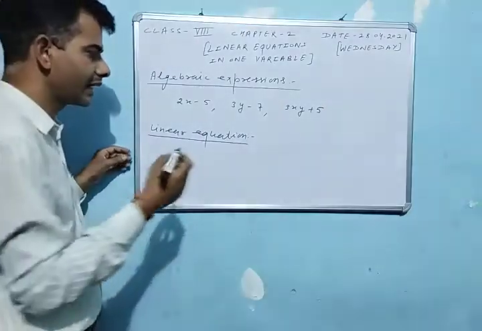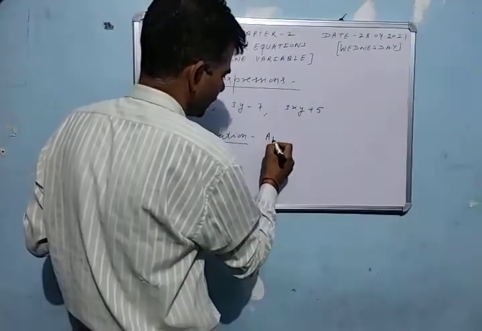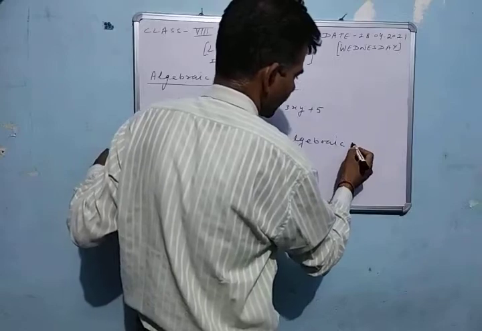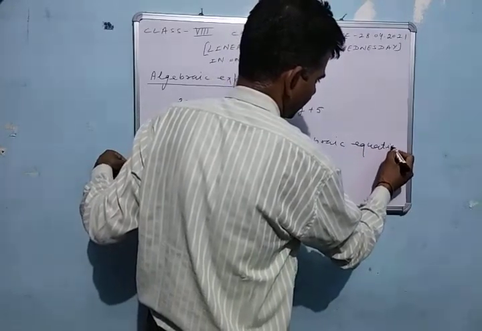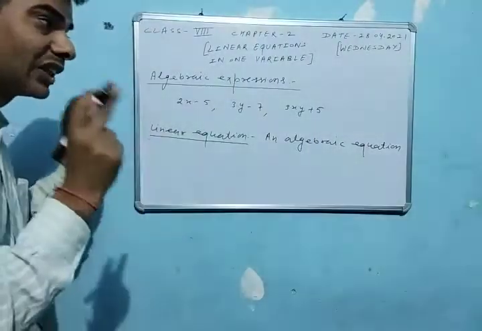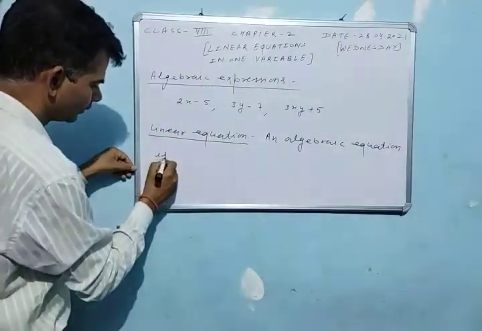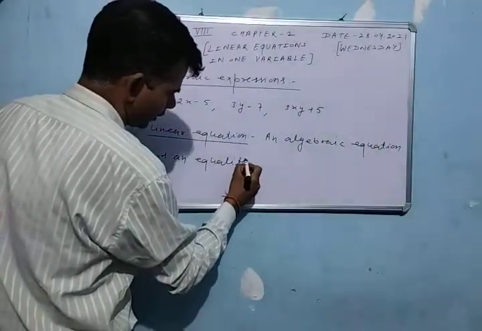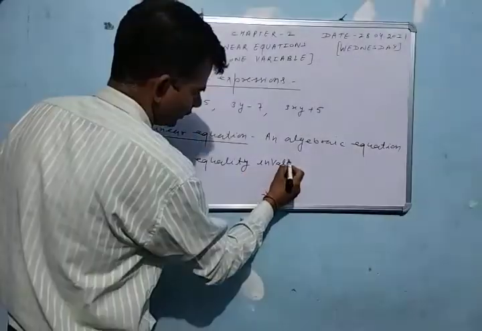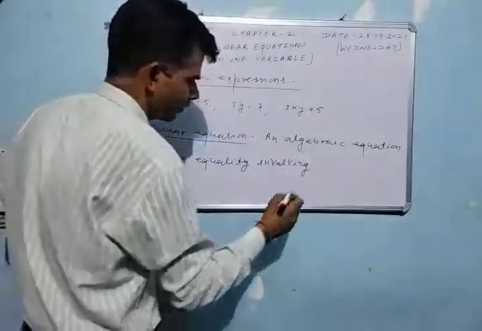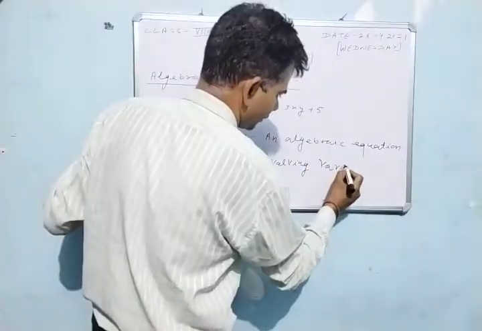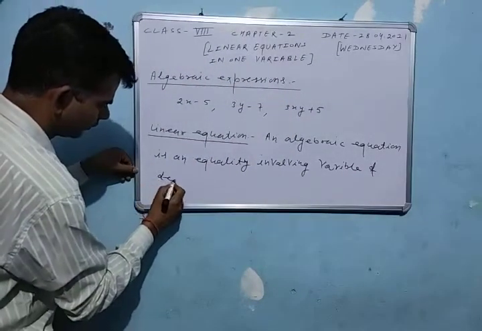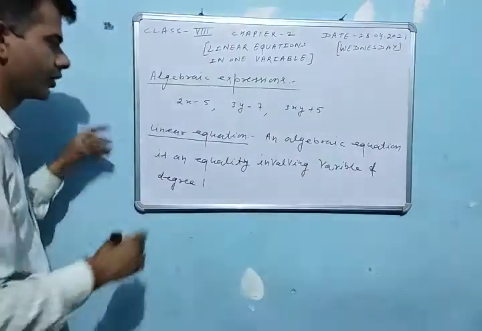Students, a linear equation, an algebraic equation, is an equality involving a variable of degree 1 is called a linear equation.